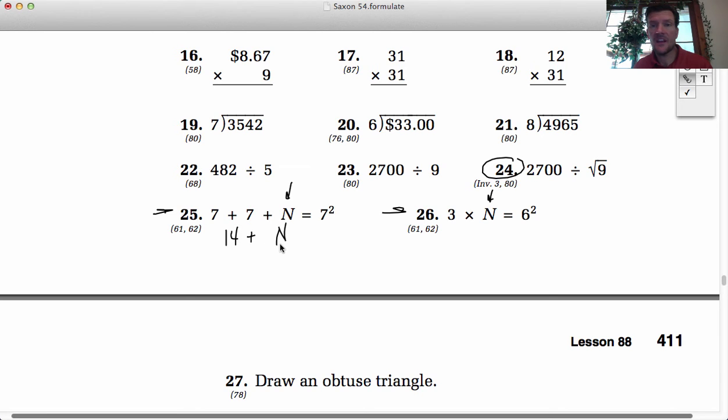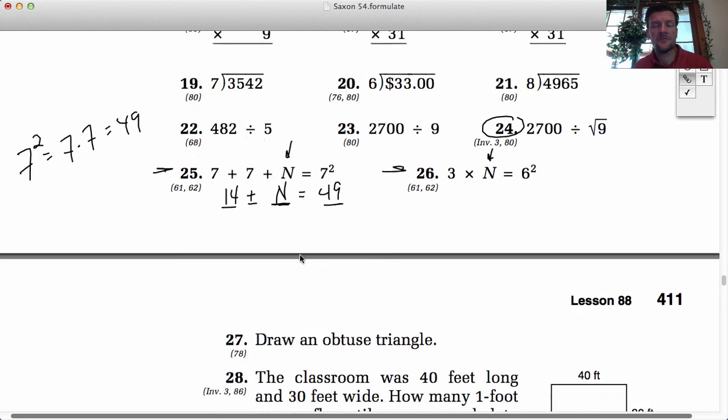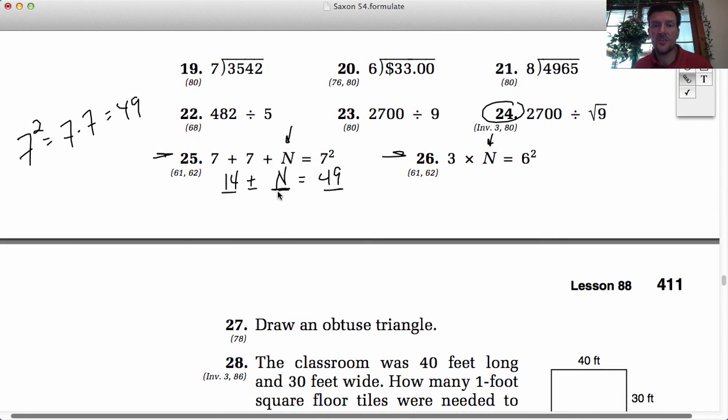You don't know what that n is yet, so just leave it there. 7 times 7, 7 squared, means 7 times 7, which is 49. And now you're saying 14 plus something is equal to 49. So you have to figure out what that something is.